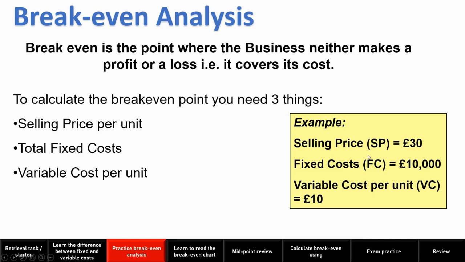Okay? Now, let's have a look at an example here. I'm going to do it using a table, first of all, have a look at the graph, and then we'll look at it using a formula. So let's imagine this business, it sells the desks for £30. Each desk costs £10 to make, and every month the business has got fixed costs of £10,000 for rent and bank loans and all the rest that have to be paid.